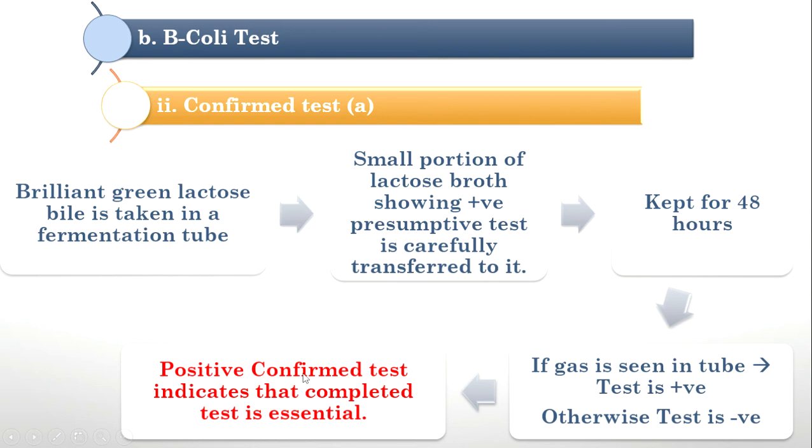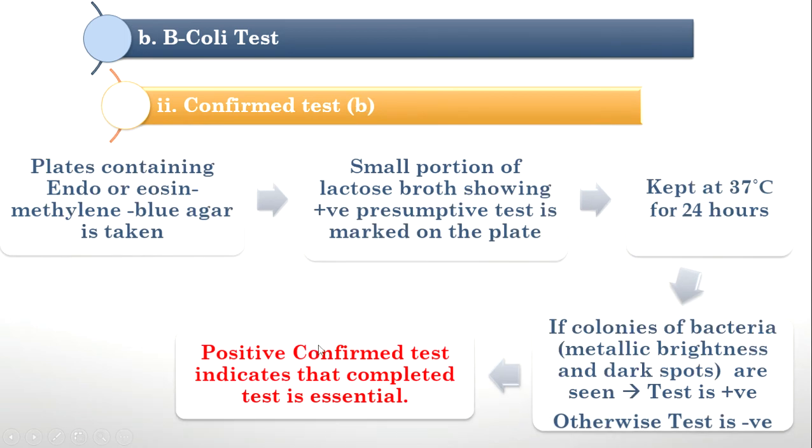If the test is positive, we have to do the completed test. This is the first procedure for the confirmed test. Another procedure is also there. In this, plates containing endo or eosin methylene blue agar, another chemical, are taken. As earlier, the lactose broth showing a positive presumptive test is streaked on this plate.